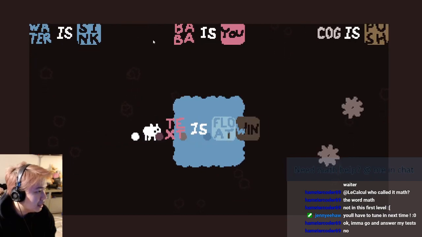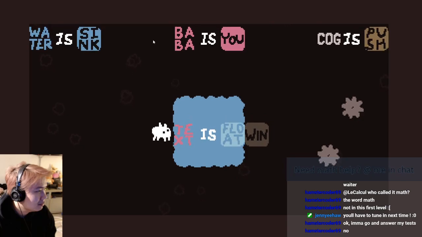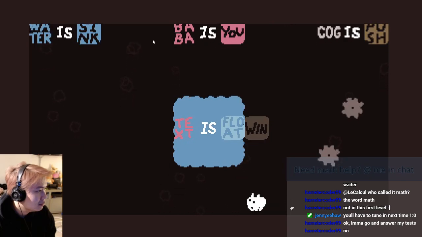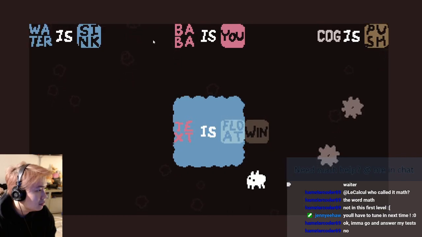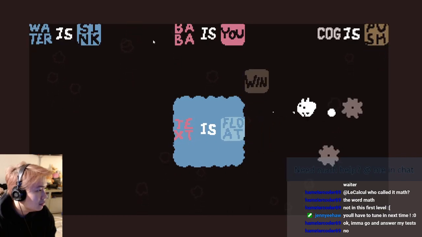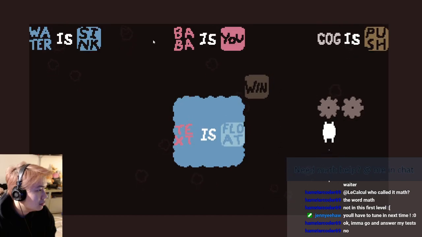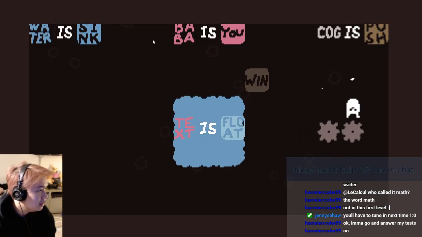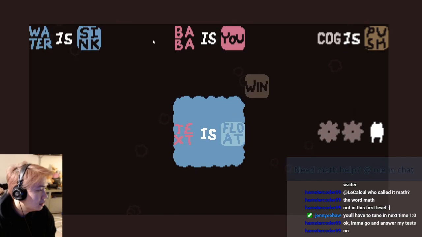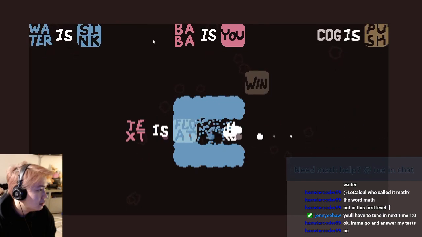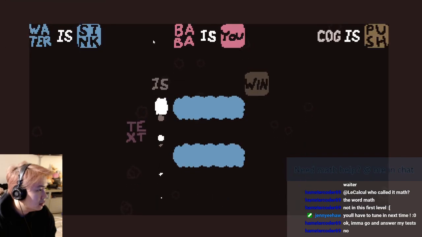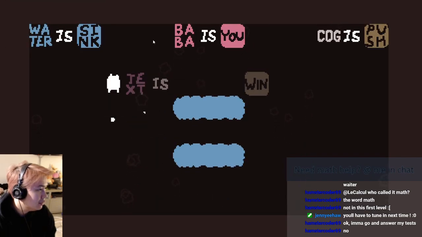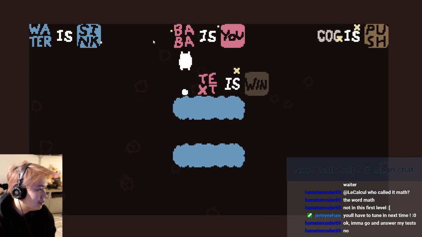Can I just push it out like this? And then I just need to get the is out, right? Whoa. Okay, so what happens if I just make text as win? Does that mean if I touch any text, I win? I can't touch text.